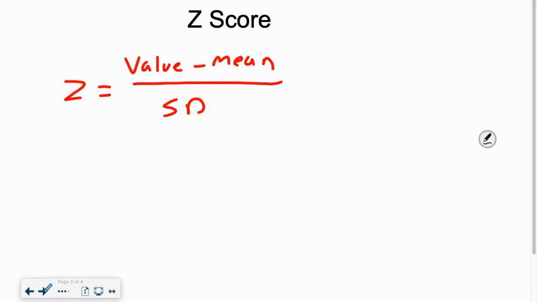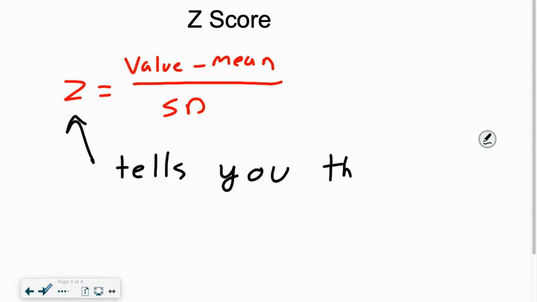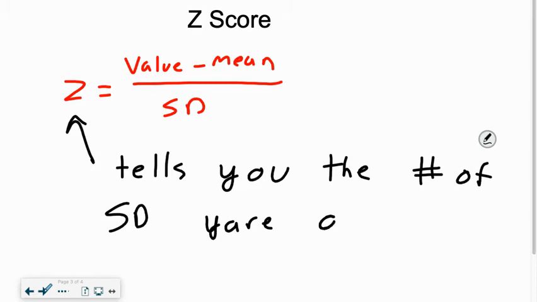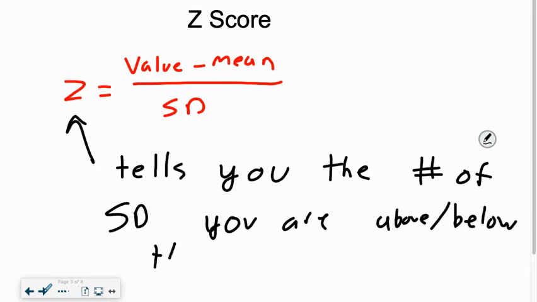So z tells you the number of standard deviations you are above or below the mean.